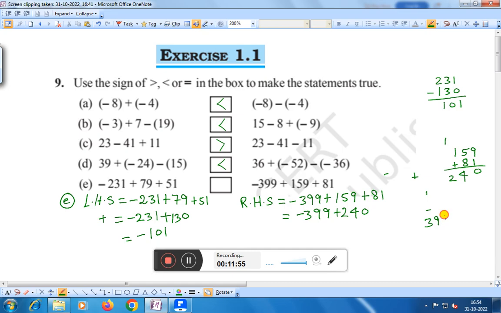Now 399 minus 240, that comes to 159, but it is equal to minus 159.